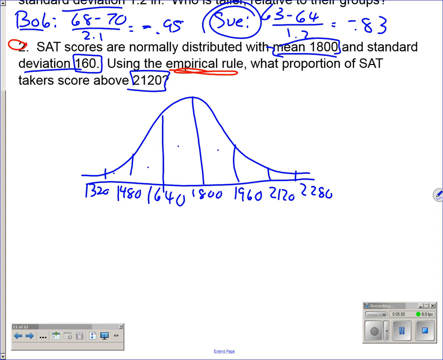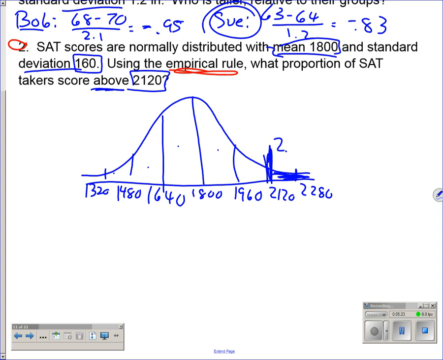Which is how many standard deviations above the mean? 2. Okay, so if I'm saying scored above, am I looking to the right of that value, to the left of that? To the right. So what I'm looking at is this percentage right here. What's that percentage? Yeah, so there's 2 different spaces here.